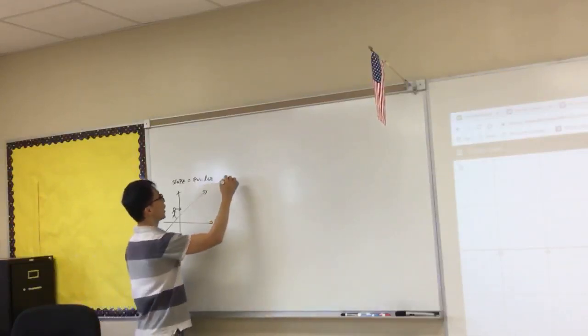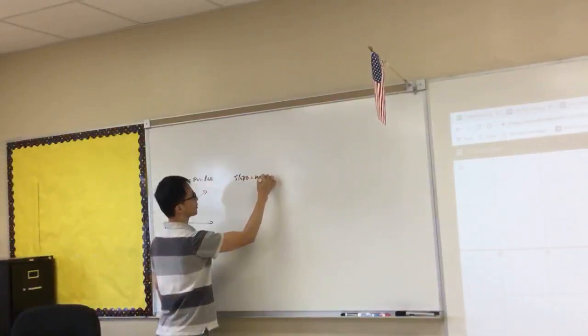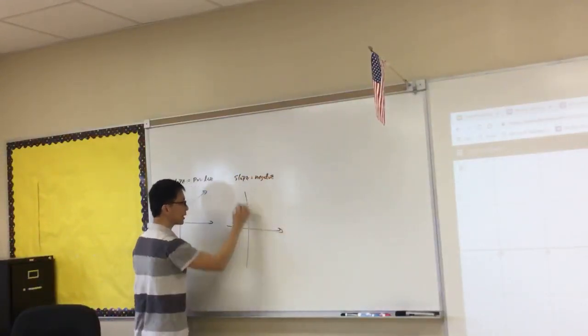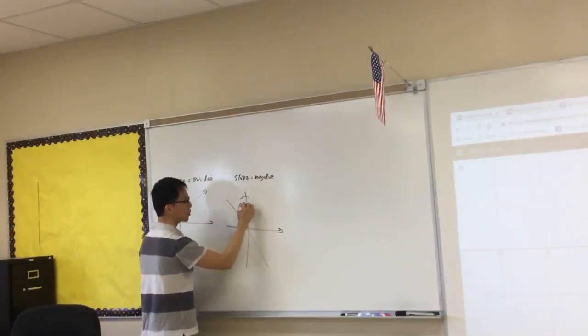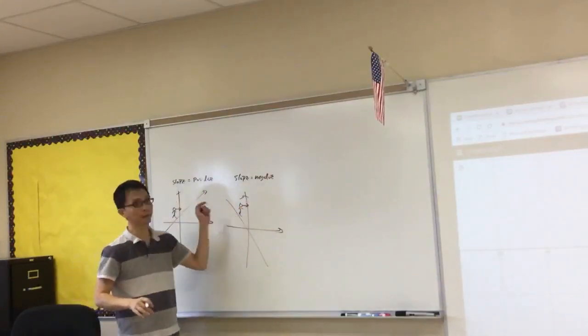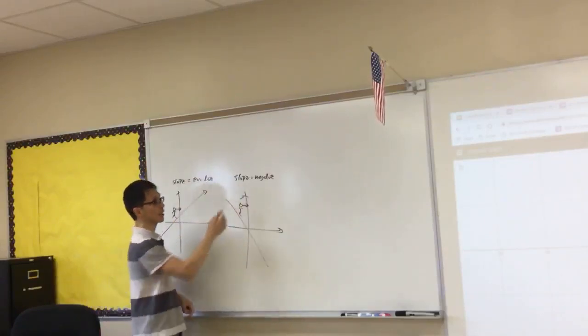Okay? If a slope is equal to negative, you're gonna have this man that's sitting on this line, and this man is always looking to the right, like how you read from left to right. But reading from left, it's gonna go down. If it goes down, then it's going to be a negative slope.